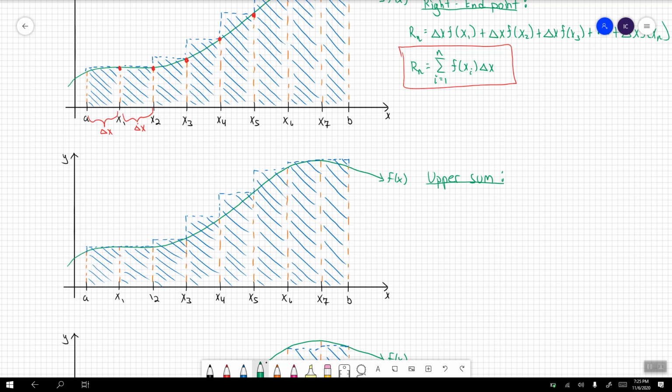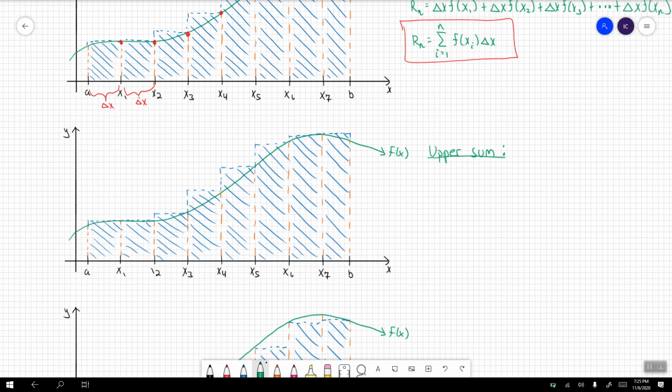When we want to take the upper sum for this approximation, we're going to have to individually go into each interval and identify what is the highest point in that interval. Once we're able to find the highest point in that interval, that will then create the rectangle for that interval. And hence we have those upper sums.